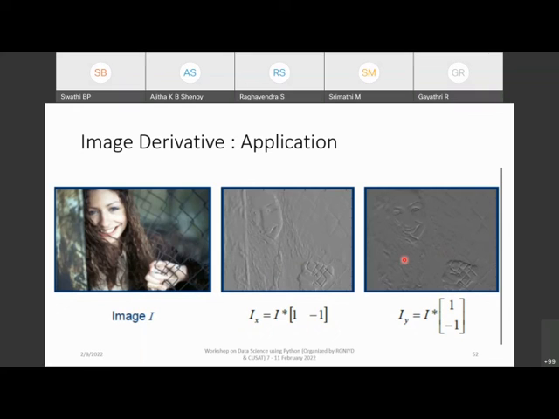What exactly this gives me is edges in the horizontal direction and edges in the vertical direction. So the edge detection technique makes use of the image derivative to find edges. The major application of the discrete derivative in images is to find the edges of the images. There are many other steps also, but this is one of the major steps where you get edges in the horizontal and vertical directions.